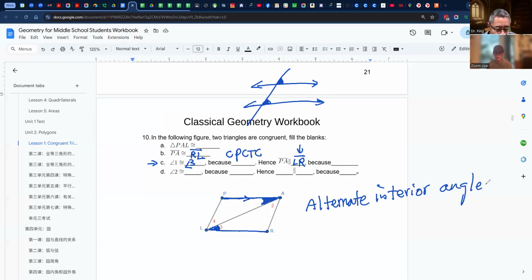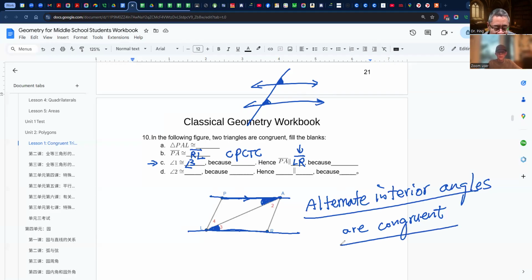And we already showed that they are congruent because they are part of the congruent triangles. So when the alternate interior angles are congruent, we have a theorem that the two lines, this line and that line, are parallel. So that is because the alternate interior angles are congruent, not corresponding. Okay.